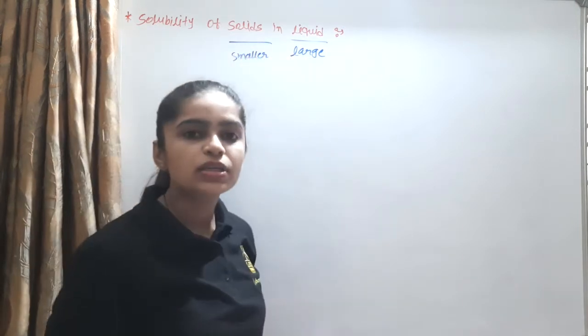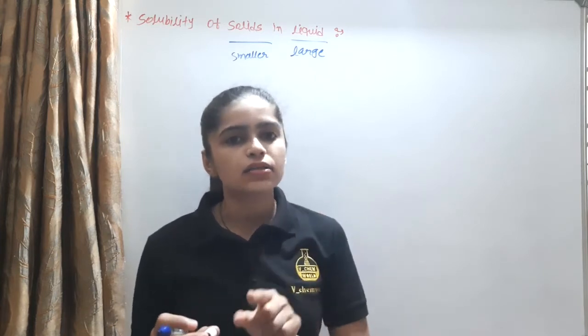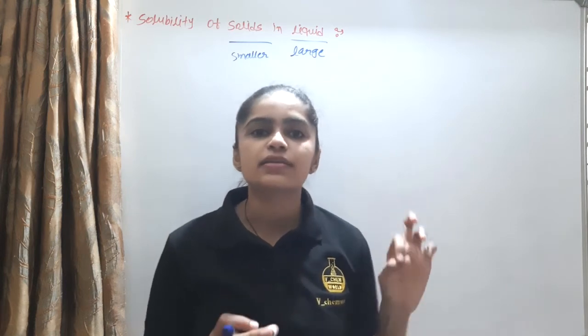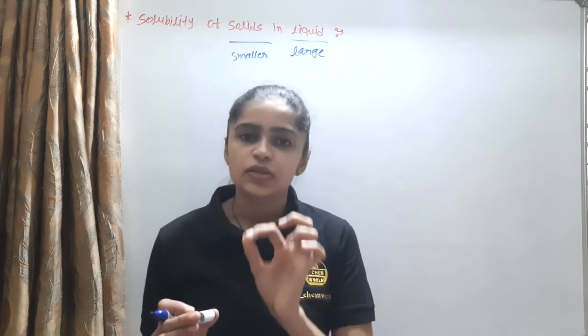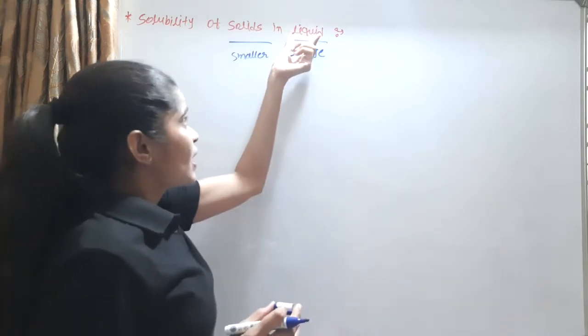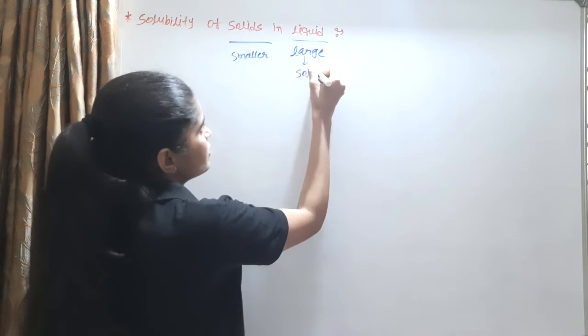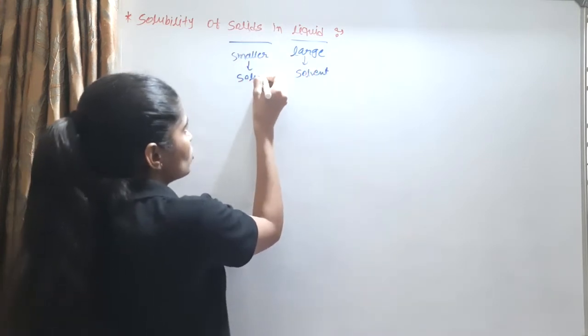The larger quantity is the solvent, and the smaller quantity is the solute. So the liquid is the larger quantity and acts as the solvent, and the solid is the smaller quantity, so this is the solute.